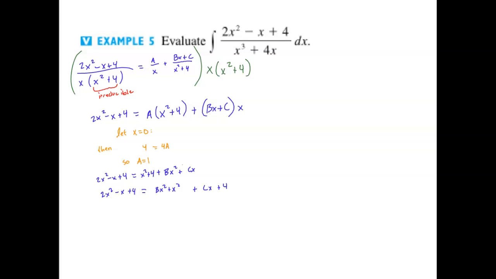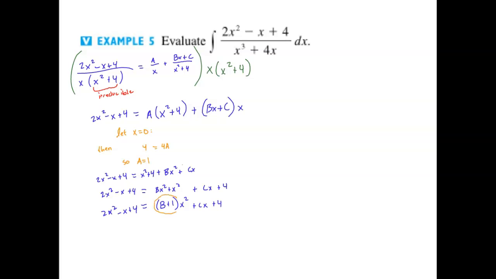So I'm just moving things around here. Now on the right side, if I factor out x squared, I'll have B plus 1. And so now I can set coefficients on either side equal to each other, right? So if these two sides of the equations are equal, then their coefficients have to be equal.